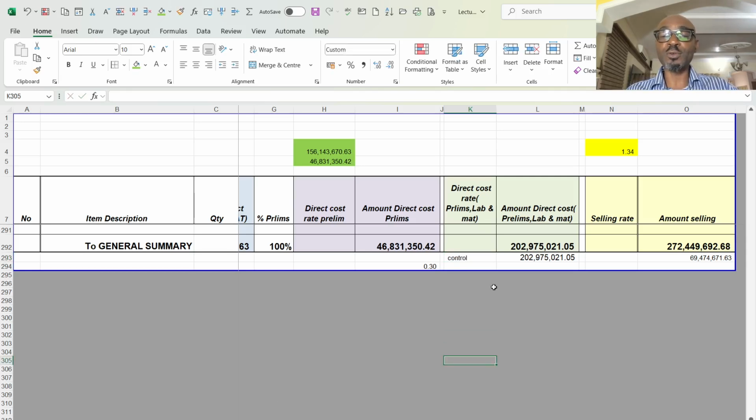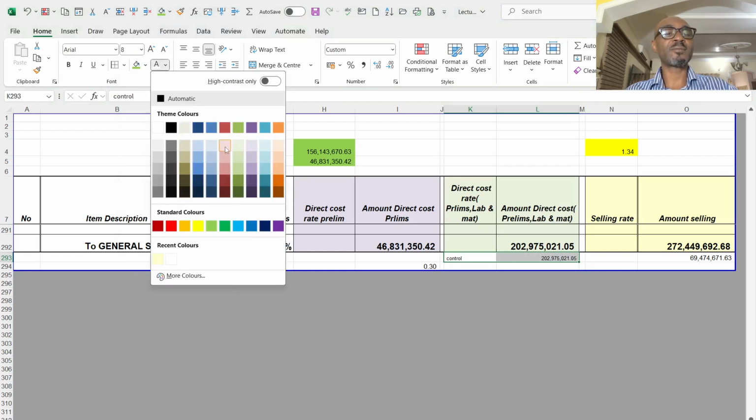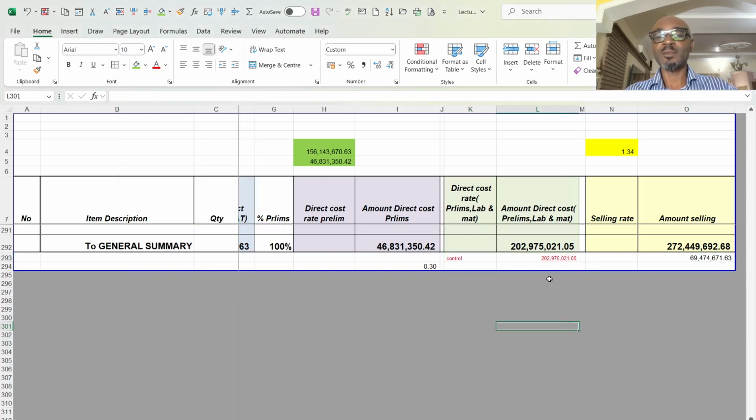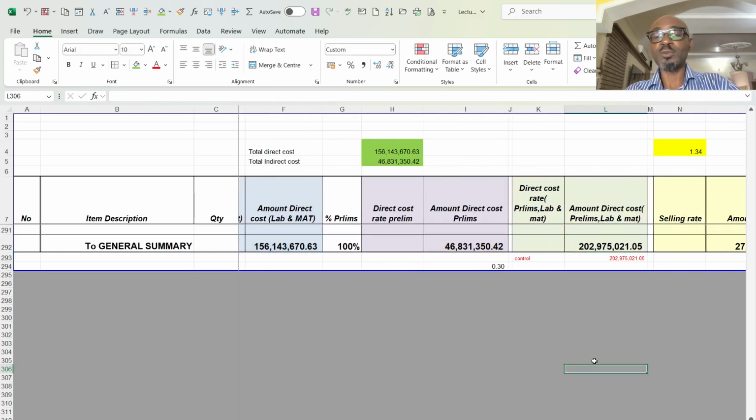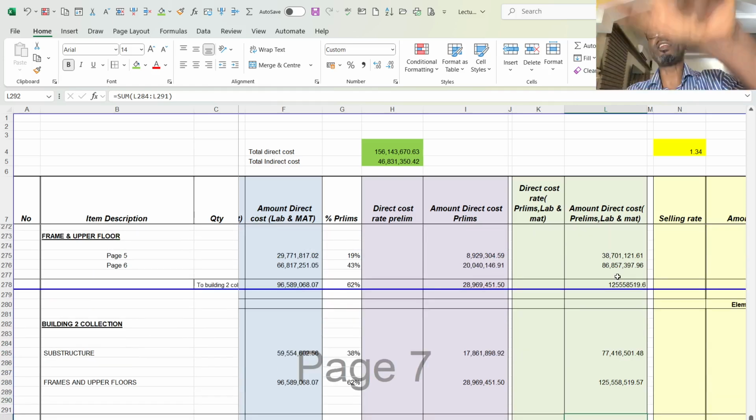You put a control to check if you are correct. So what I did here to know if I am correct is I summed up these two to ensure that it tallies with what I have here, meaning that everything here, the computation, is correct.